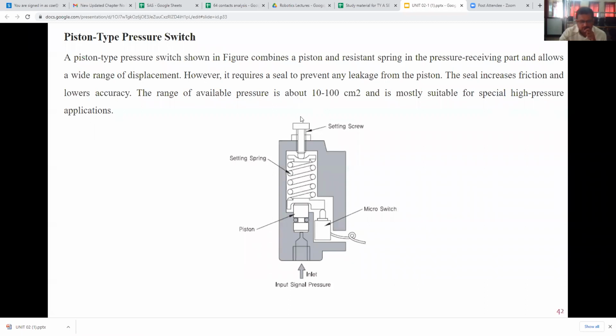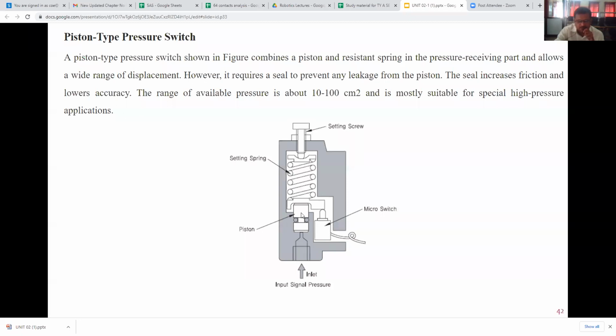See that this piston type pressure switch consists of this piston which is connected to this inlet port. Above this piston, this plate is there, and on this plate, this compression spring is placed, and this is the setting screw to adjust the compression in the spring. Now what will happen when this input pressure signal is given?